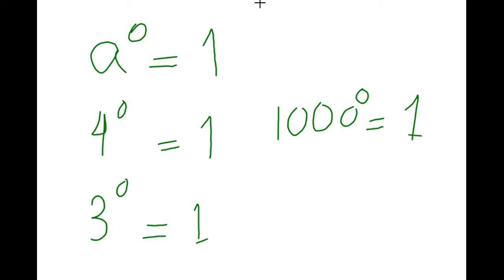Next we have rules of indices. Now if we have the same number with different powers and you have to multiply them, like 4 to the power of 2 times 4 to the power of 3.